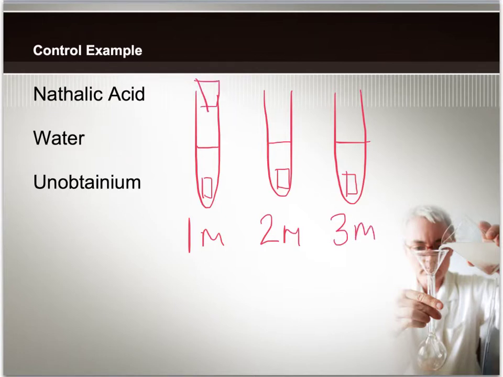We'll have all of these bunged and all of the gases being collected elsewhere. Now if we look at this, the only thing that we have varied is the concentrations. Everything else has been controlled. We have exactly the same quantities.